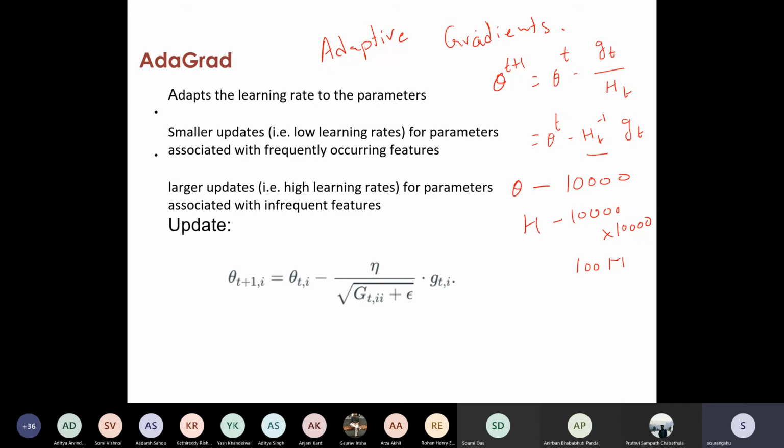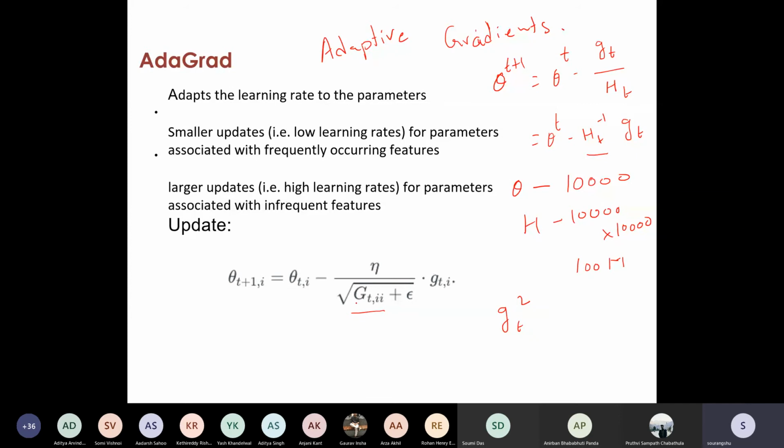So what do you do? You calculate the rate of change of gradient in a particular direction, which is also sometimes just approximated as gt squared.